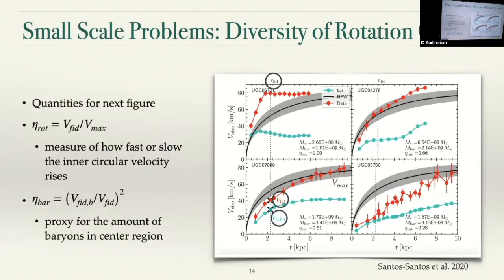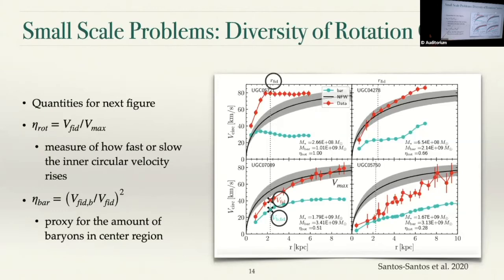Okay, so what's really interesting is these type of objects. And so I said before, you could potentially get them from adiabatic contraction. And so in the next figure that I'm going to show you, we're going to look at that explicitly. So there are a few quantities. So there's this fiducial radius. And at this fiducial radius, they define this quantity called eta rot in this Santos 2020 paper, where they look at the circular velocity at this fiducial radius divided by the maximum circular velocity.